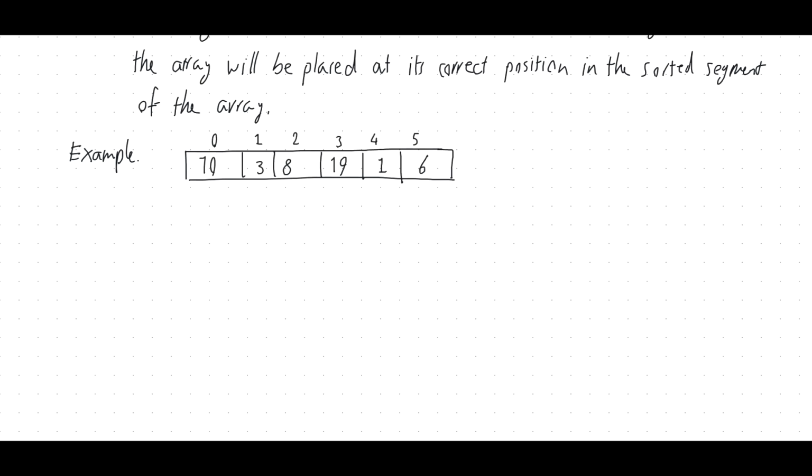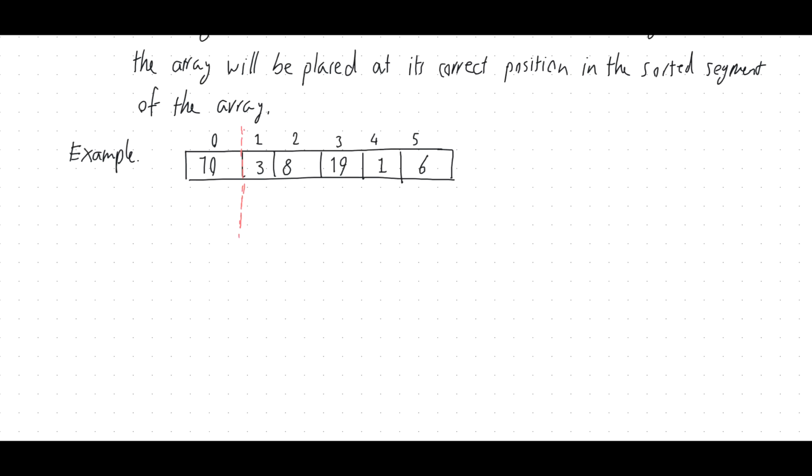Now, as I said, at any given moment, we imagine that this array consists of two segments. The segment that is already sorted, which is on the left side, and then the rest of it, which is to be sorted on the other side. And if you think about it for a moment, it's kind of obvious that no matter what the first element is, if we consider only the first element, independent from what number you have here, the first element by itself as a subarray is always sorted, right?